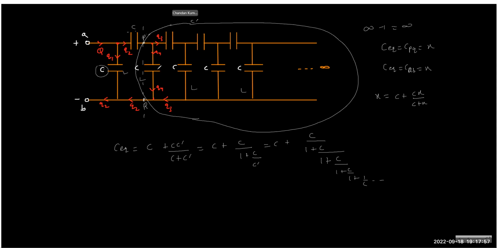I can choose this as X, so if I redraw, this is C, but this I can replace by X. And we know the net is again equivalent to X only, right? So CAB is X. So if I write, this is Cx by C plus X plus C, and this is the equation. This is the recursive equation, which is very easy to solve.